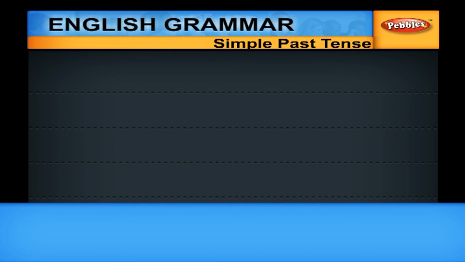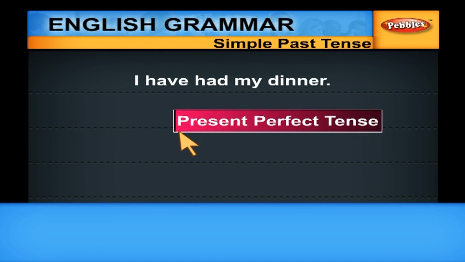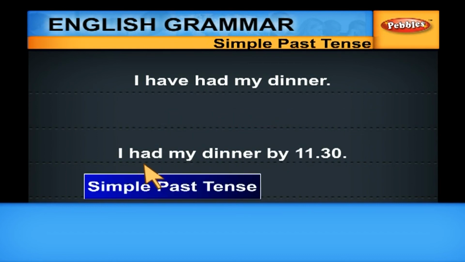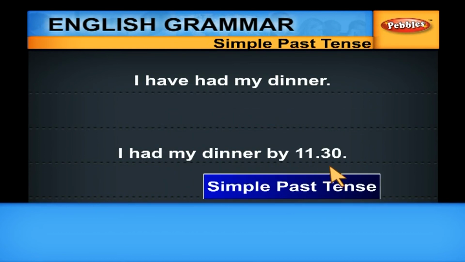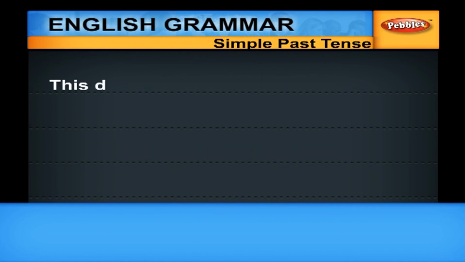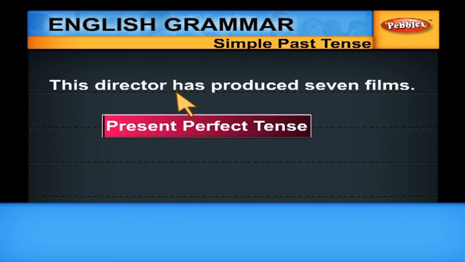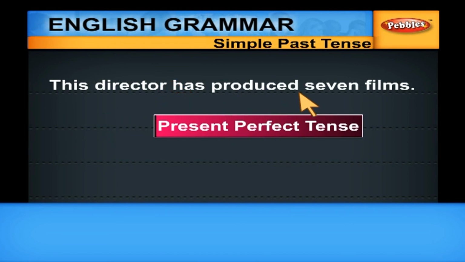Never mind. I've had my dinner, which is in present perfect tense. I had my dinner by 11:30. It is in simple past tense. This director has produced 7 films. Now, this is in present perfect tense.